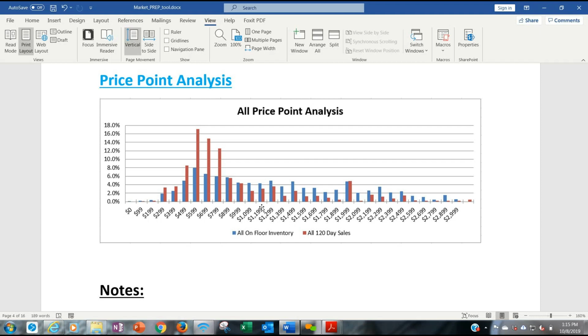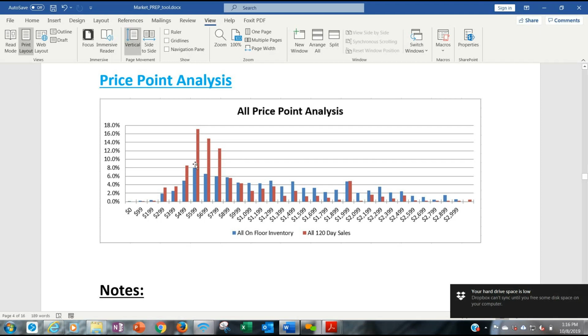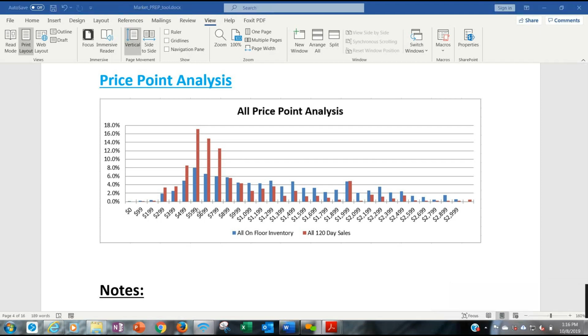In other words, is there a price point where you don't have anything priced, and basically you wouldn't see any blue bars. In this case, you can see we have pretty much things priced from $2.99 up to $28.99. A little bit higher mix in the $4.99 to $6.99.